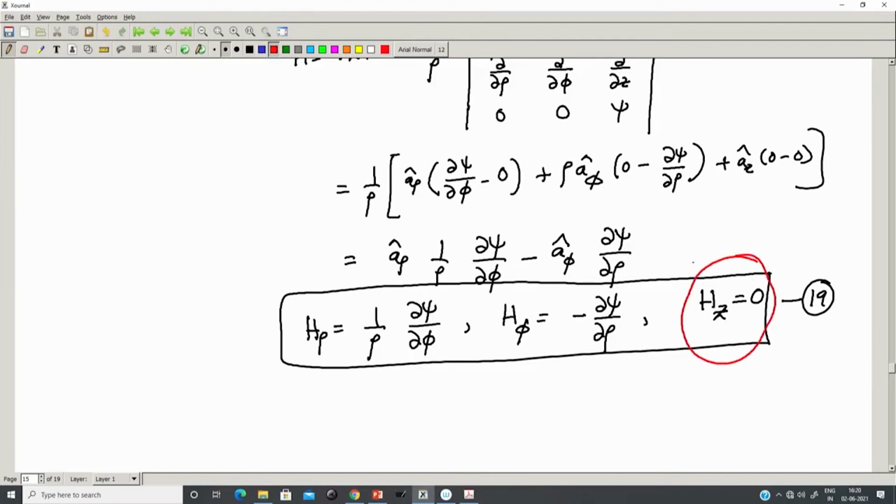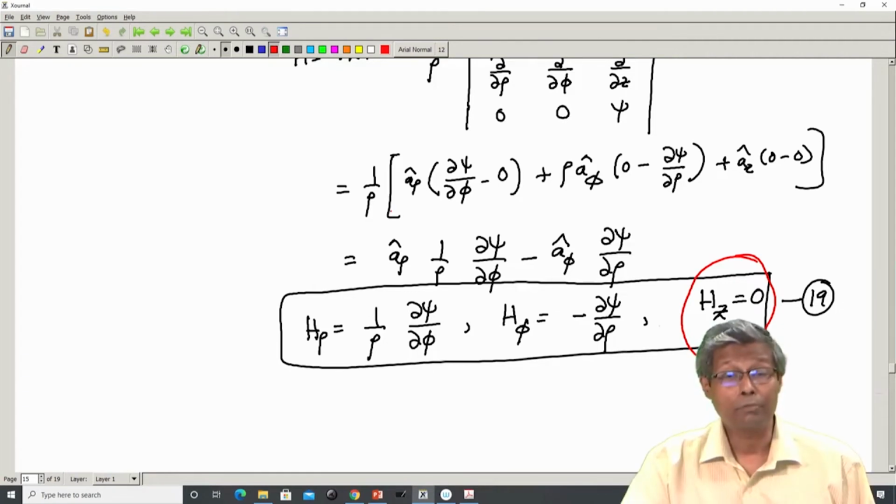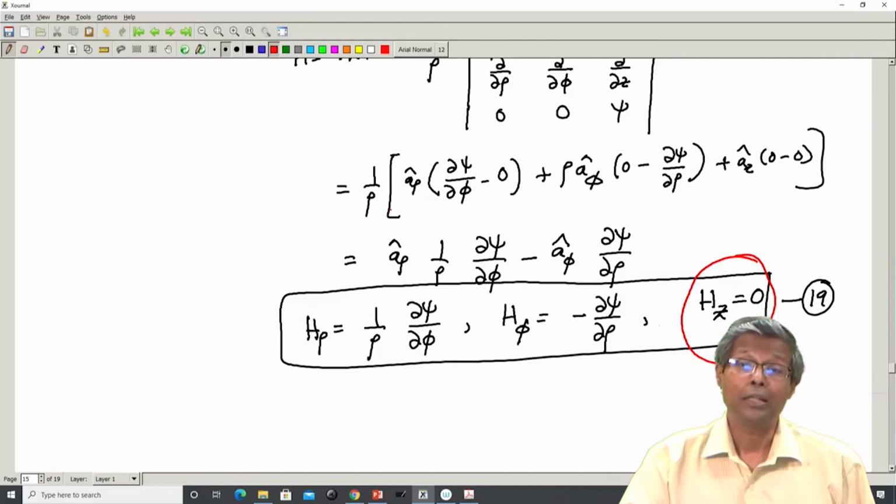So, the mode is TM to Z. So, similar to the rectangular coordinate system, Z directed magnetic vector potential will give rise to the TM to Z mode in the cylindrical coordinate system as well.